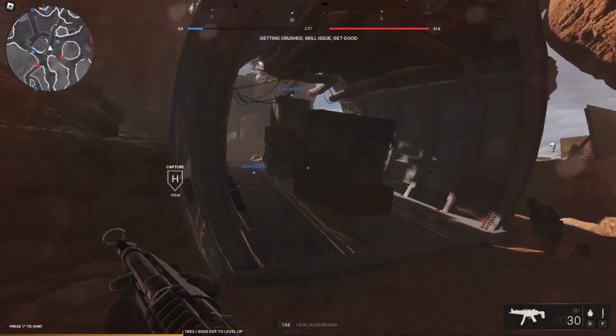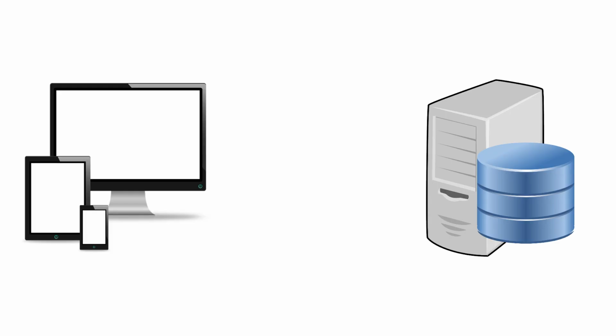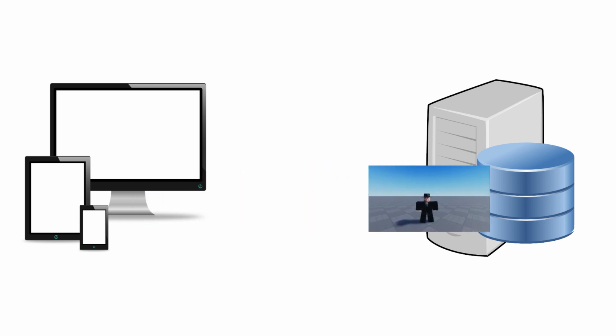And for that we'll need to understand client and server communication. In multiplayer games, client and server communication refers to the exchange of data between your computer and the server. So when you perform an action in-game, for example jumping, your client or computer sends this information to the server.